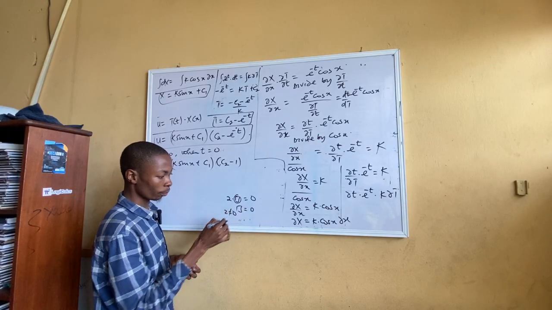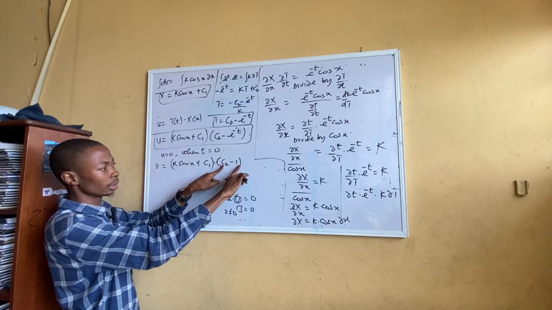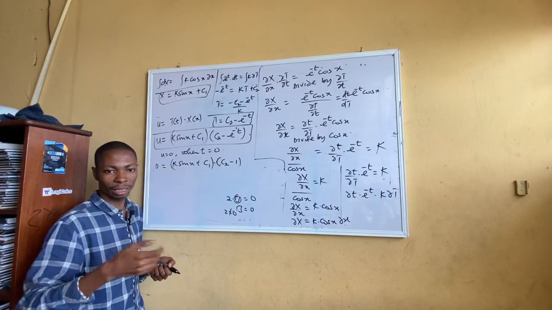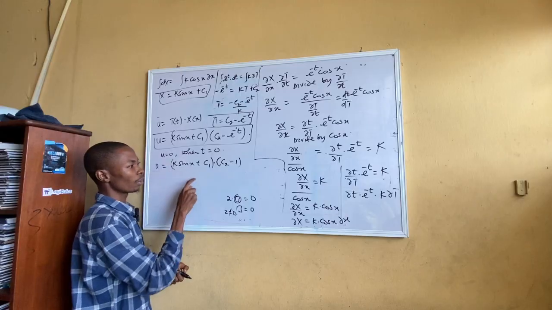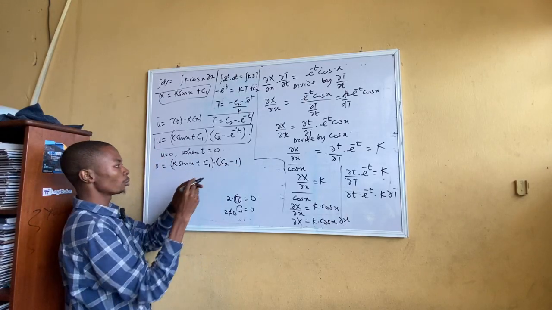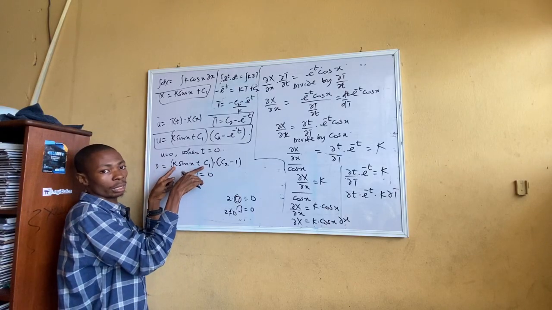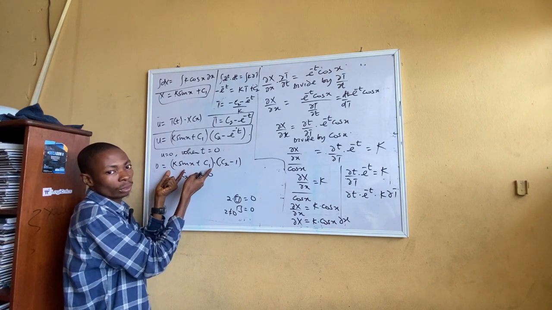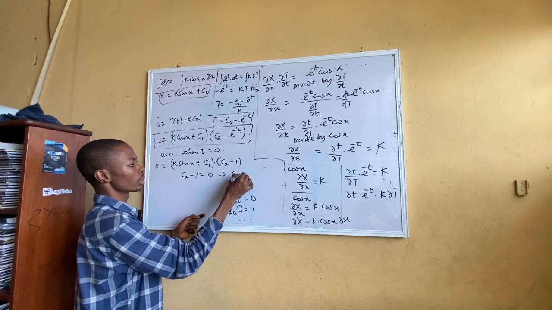Obviously, the sine function, we have sine 1, sine 2, sine 3, sine 0.4. Everything here can never be 0. It means that this part is the one that will most likely turn to 0. So we are going to say that c2 minus 1 is 0. We are not going to equate this one to 0. That's how partial differential equations are solved. You can't say both of them are 0. So if c2 minus 1 is 0, it means that c2 equals 1.